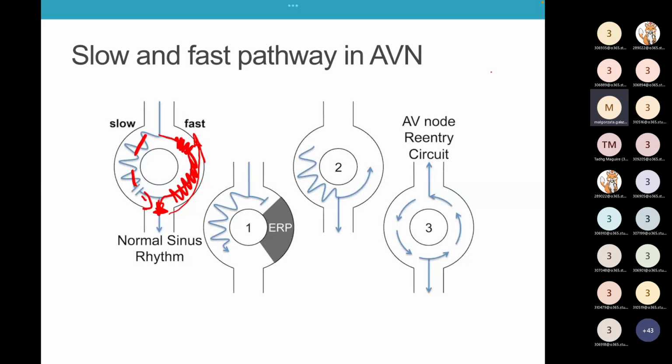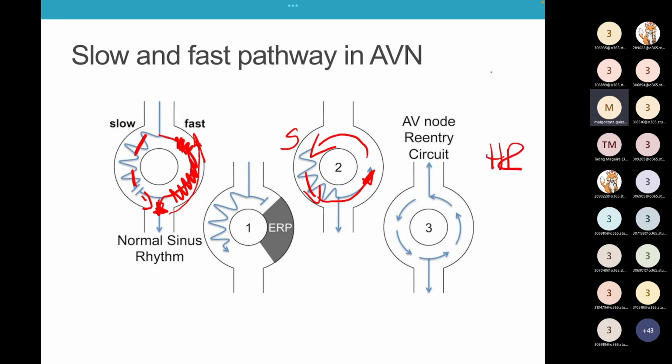If there is some kind of a blockage in the AV node, the action potential which is conducted through the slow pathway can re-enter the AV node by the fast pathway, and therefore some kind of a circuit is formed, and this increases the heart rate.